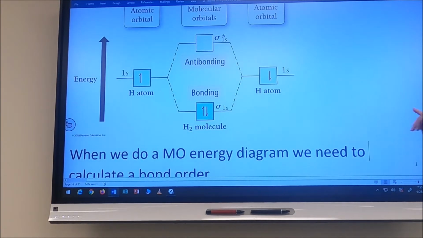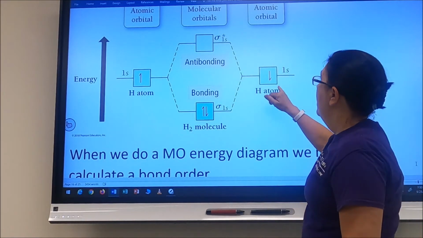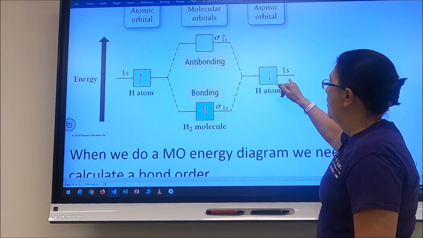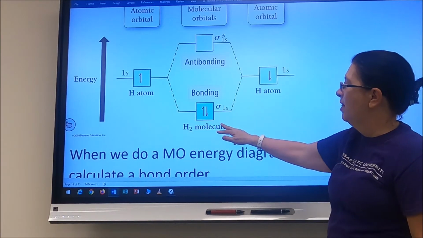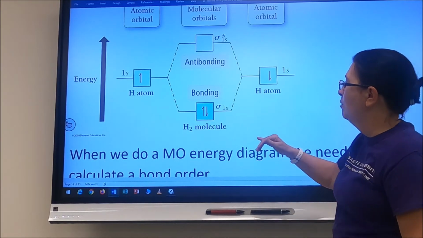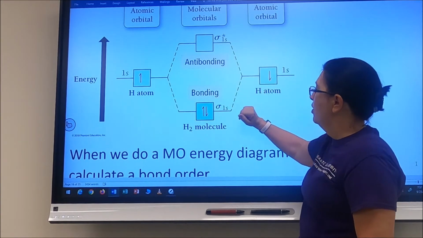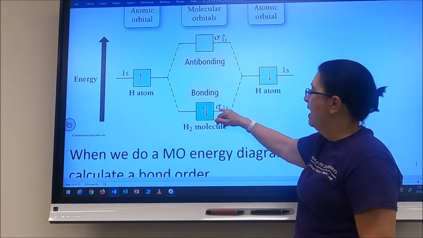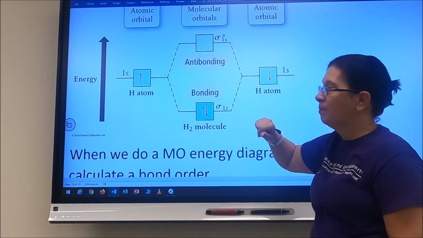Here we have two hydrogen atoms, pre-bonding. They have one electron in a 1s orbital. It's showing them with opposite spins because when they end up in the bond, they're going to have opposite spins. A 1s orbital blends together with a 1s orbital to create a sigma 1s bonding and a sigma 1s anti-bonding.